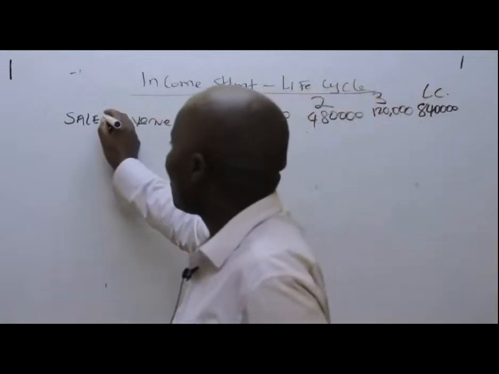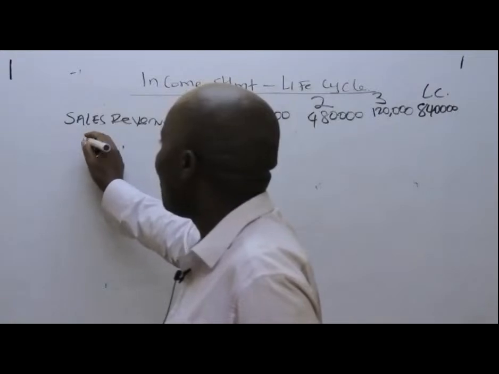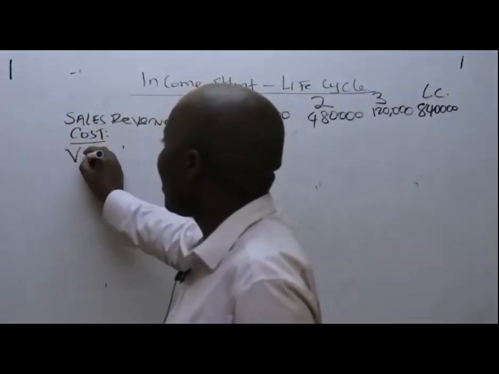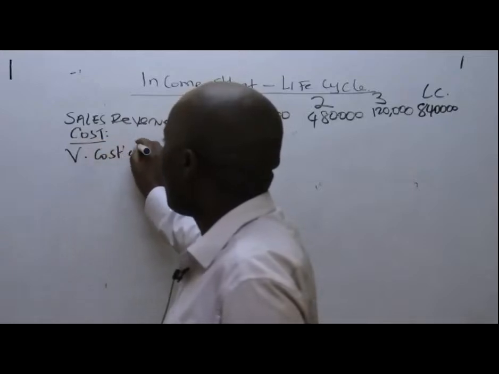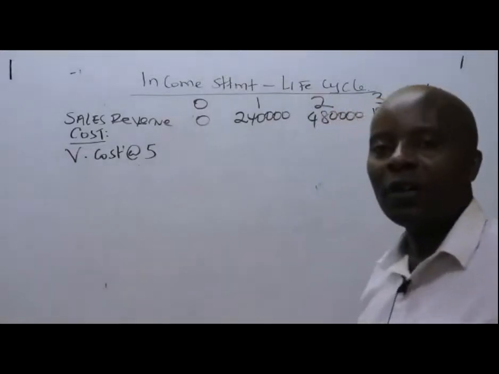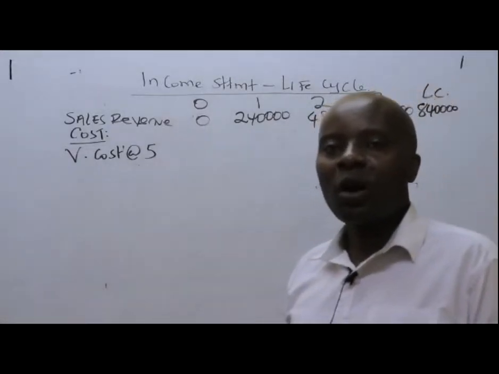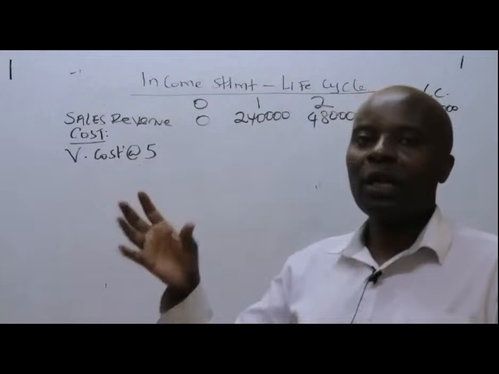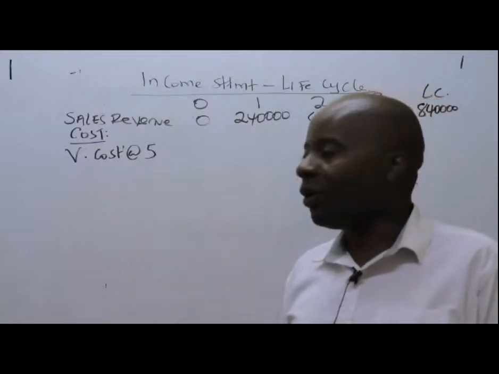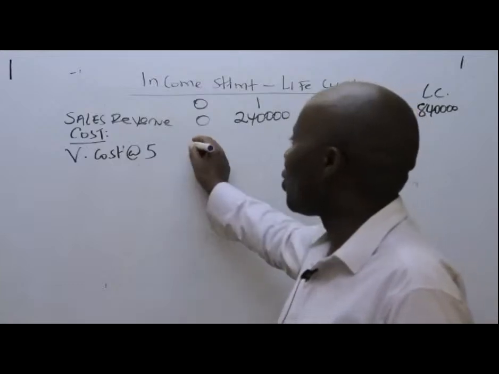Now, after that, ladies and gentlemen, I would want us to go to the next thing, which is the cost, where we shall start with variable cost. Remember, we already calculated variable cost and got a figure of 5 per unit. So ours will be to take the number of units multiplied by 5. Year 0 units are 0.